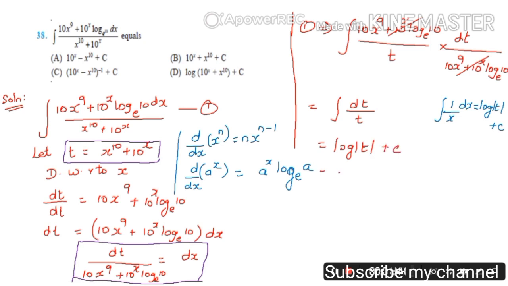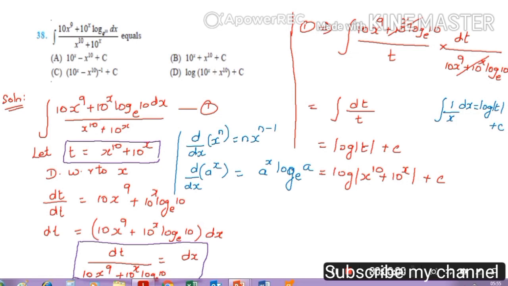The t value is nothing but log mod x power 10 plus 10 power x, plus c. I can write the positive value.